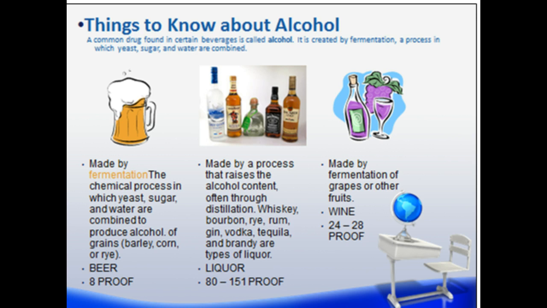Liquor is usually 80 to 151 proof, and it's made by a process that raises the alcohol content, often through distillation. A few types of liquor are whiskey, bourbon, rye, rum, gin, vodka, tequila, and brandy. Wine is usually 24 to 28 proof, can be less, can be more, and it's made by fermentation of grapes or other fruits.